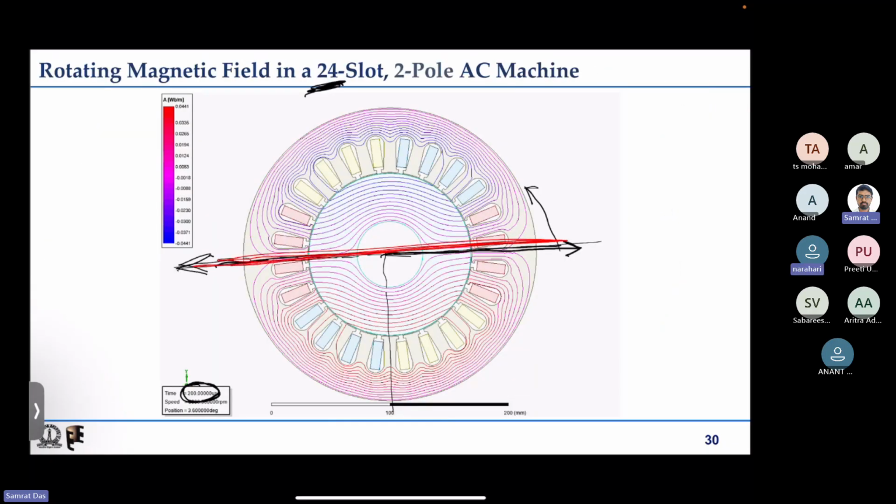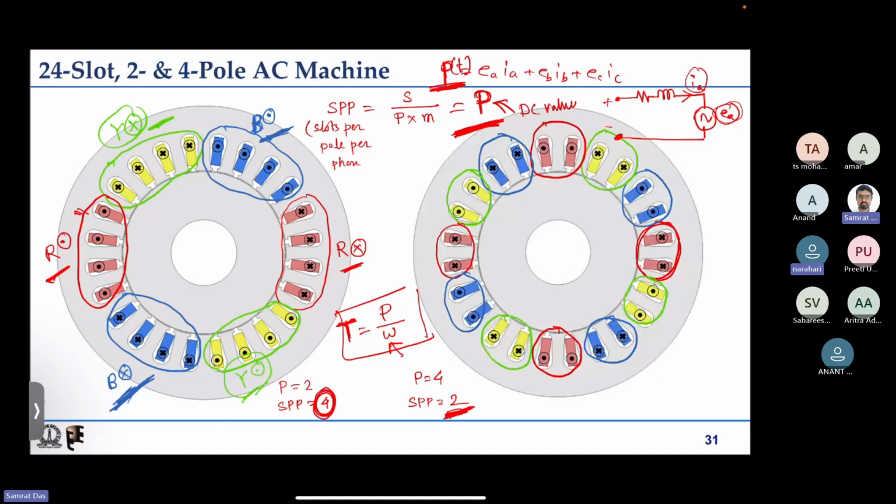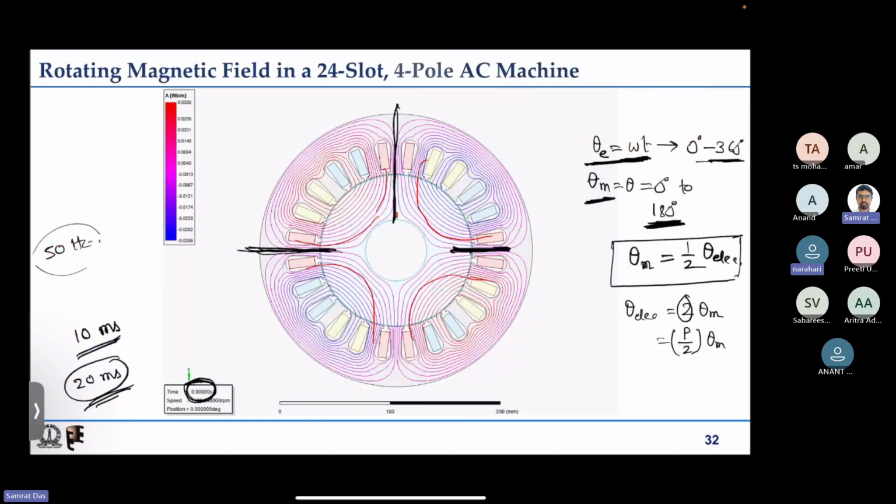But in practical cases, how will we decide? The problem is you have a machine, you don't know the winding configuration, and obviously you cannot see the field. How can you know the number of poles? If it is an AC machine, you have to look at the nameplate.